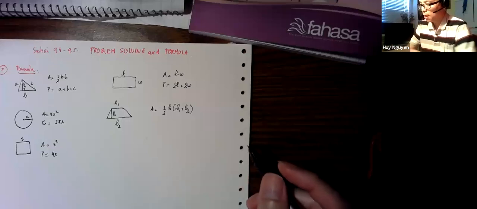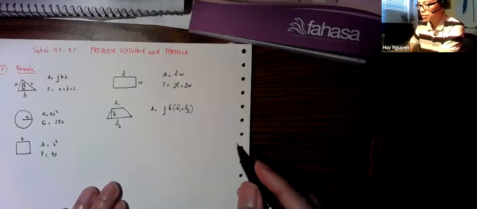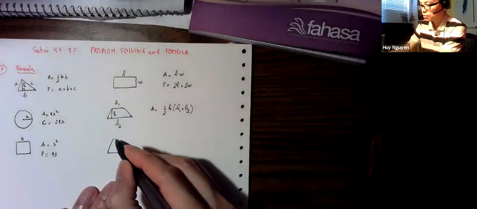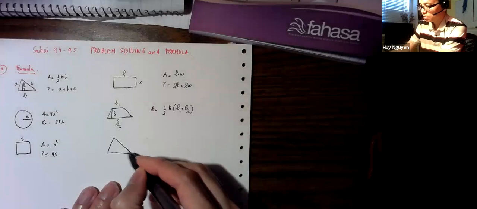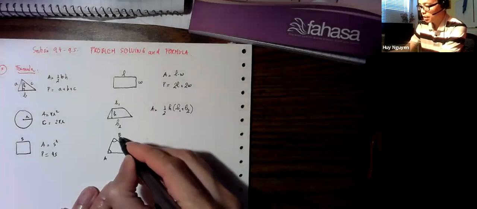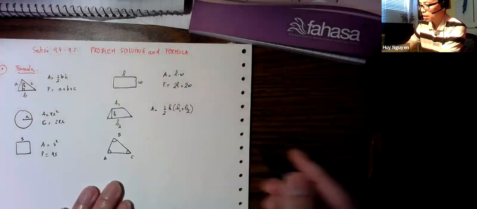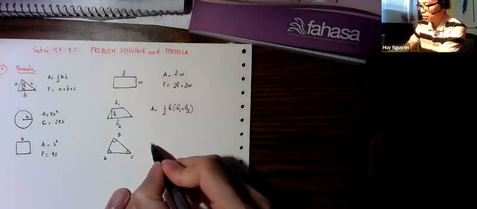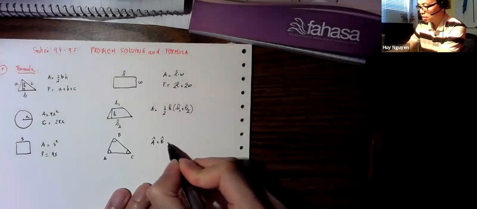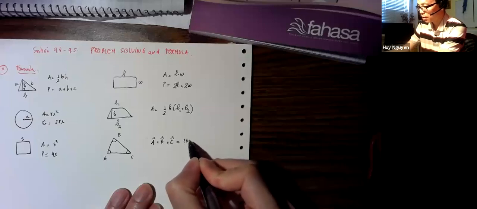There is some other information you need to know. First of all, for any arbitrary triangle, with angle A, angle B, angle C, the sum of the interior angles of any triangle equals 180 degrees.